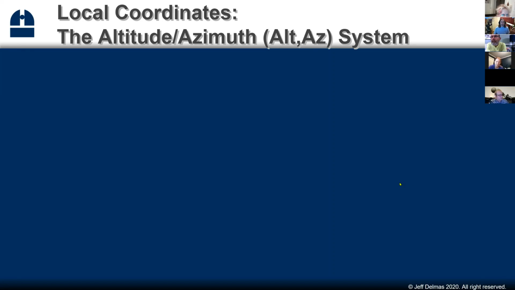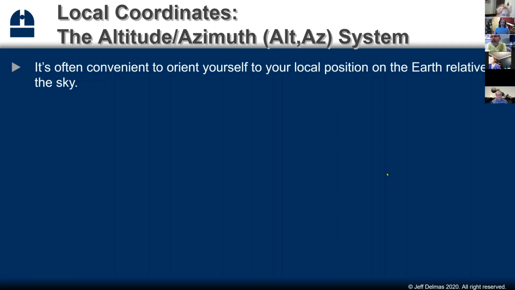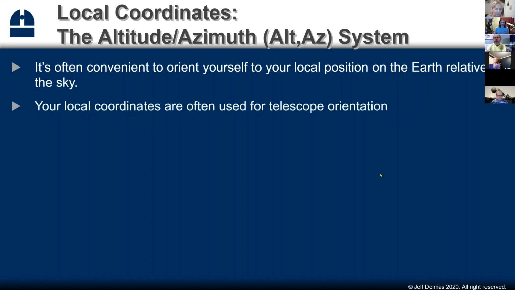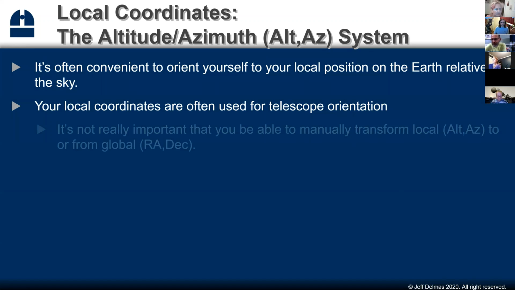Okay, so enough about the equatorial coordinate system. I'm sure you've got it all down by now. So now we're going to flip to another coordinate system, a local coordinate system called the altitude azimuth or ALTAZ system. It's really often convenient to orient yourself to your local position on the Earth relative to the sky. And your local coordinates are often used for your telescope orientation.